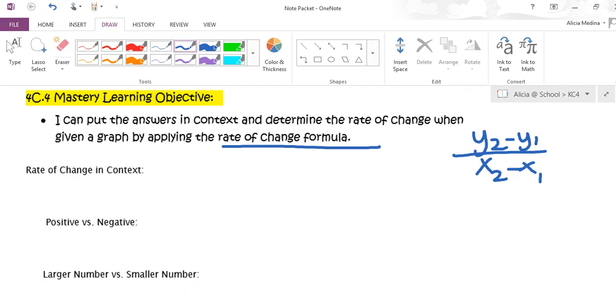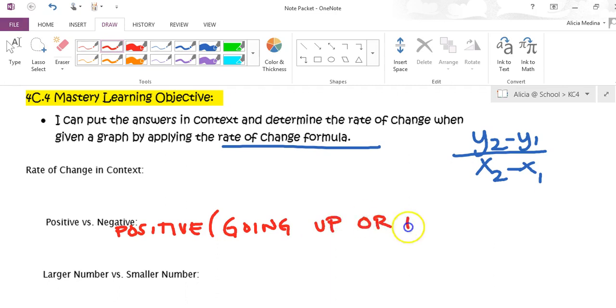So what does it mean when your rate of change is positive and negative? Well, positive is just when our graph is going up. So positive, think of going up or forward, right? Depending on whatever problem we have, it can either be going up or going forward.